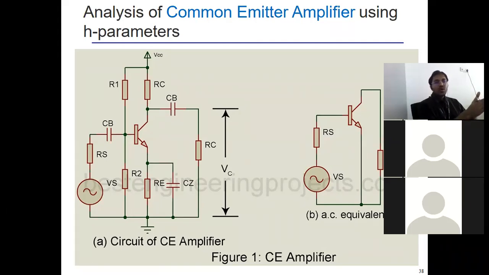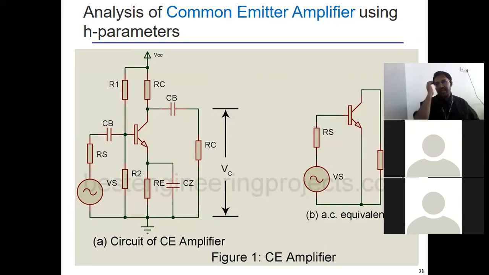To analyze your transistor-based amplifier circuit, first, amplification means you are giving a small AC signal and getting a larger AC signal. So what analysis should we do? Is it AC analysis or DC analysis?